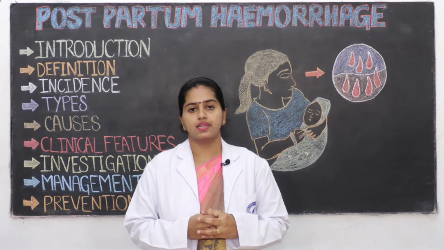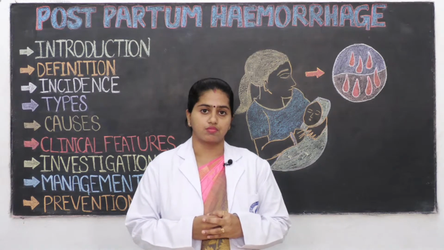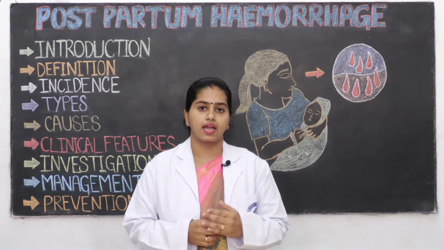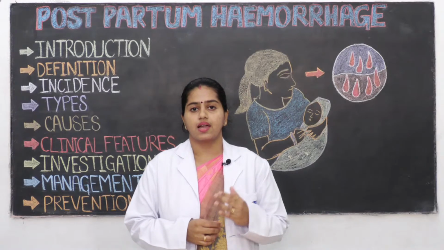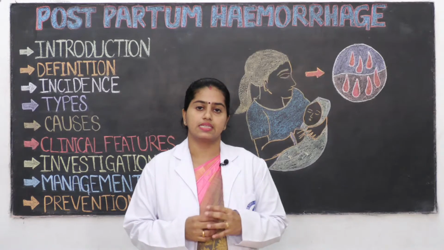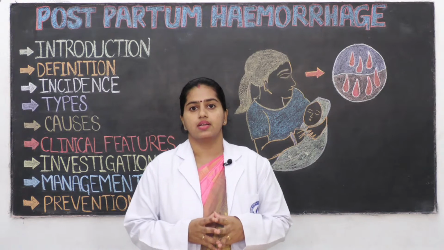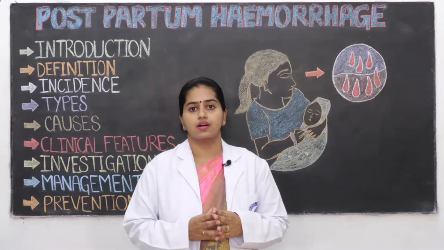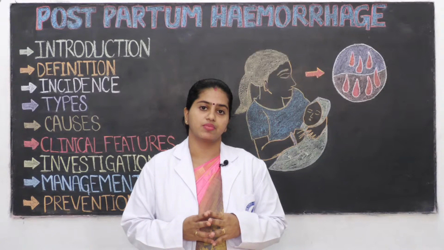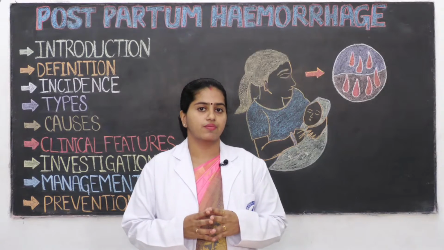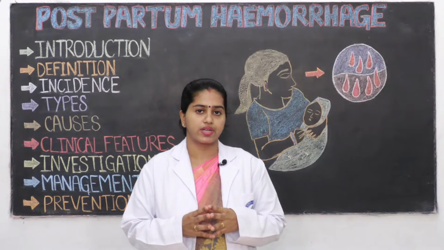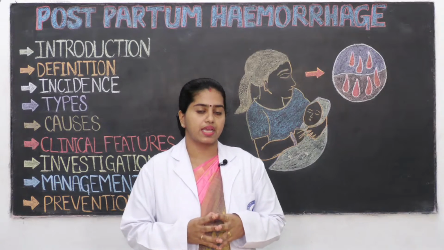And another condition is preeclampsia. If the woman has toxemia, that is after the 20th week of gestation, it is a multi-system disorder characterized by increased BP 140 by 90 mmHg, proteinuria with or without edema in a previously normotensive woman. That is known as preeclampsia.